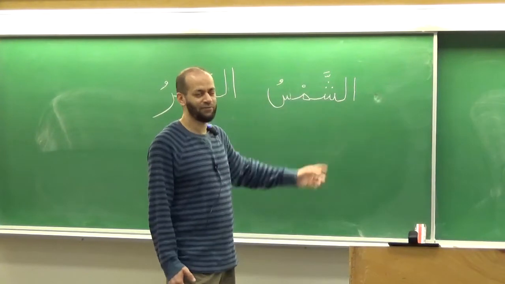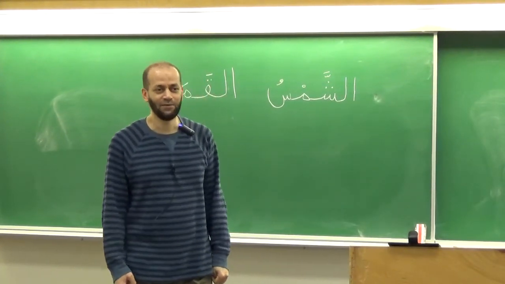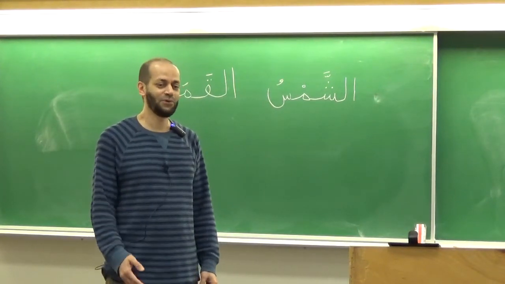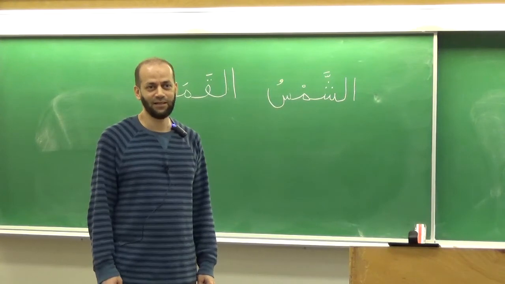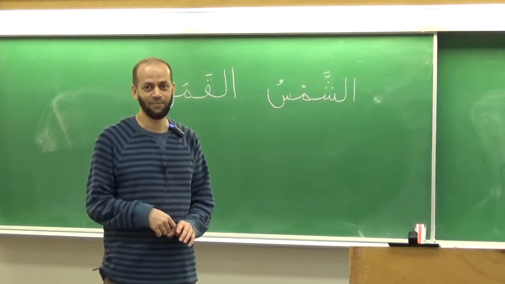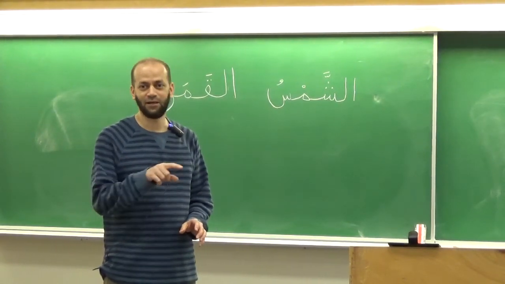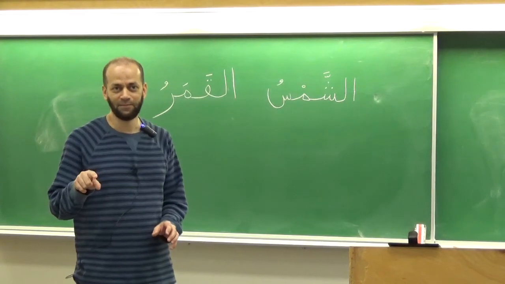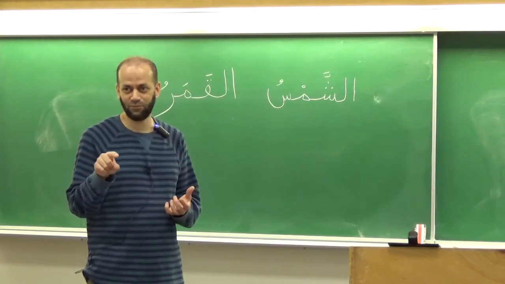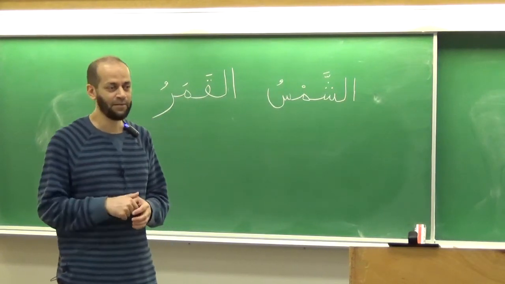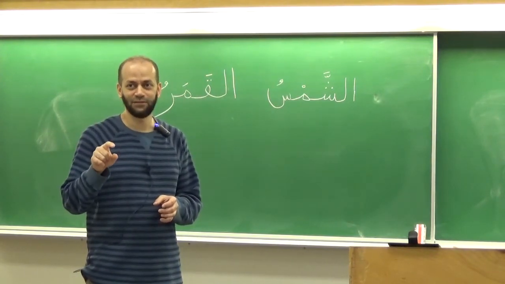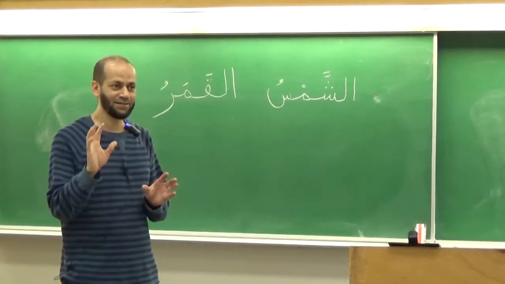Even if I'm not reading from the mushaf, I can tell if there's a shadda or not. If I say the word al-kursi, I can feel clearly that there is no shadda on the kaf. Al-kursi, right? Or I say al-madrasa, right? It's easy to realize that there is no shadda on the first letter after the alif lam. If I say ash-shams, I can feel that there is a shadda there.